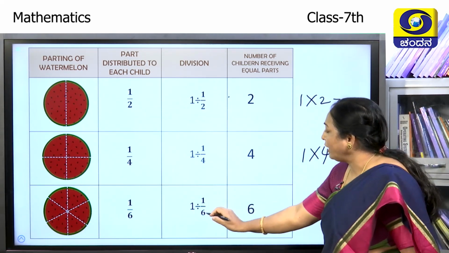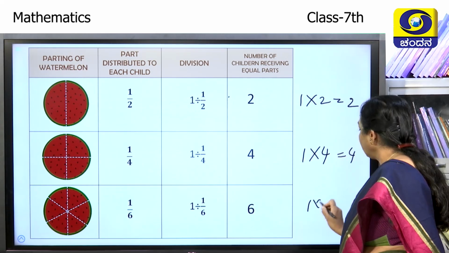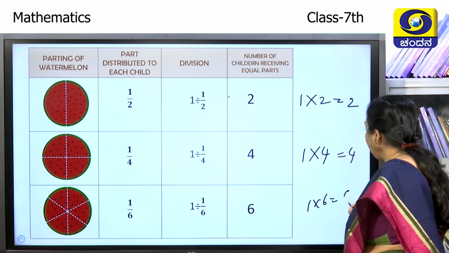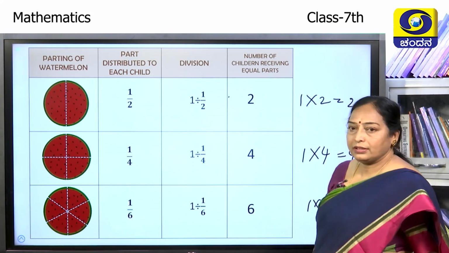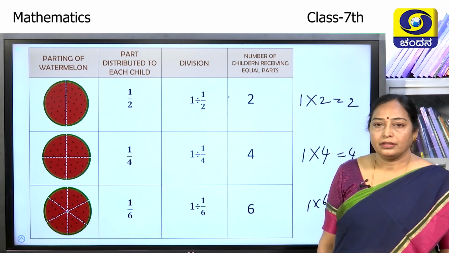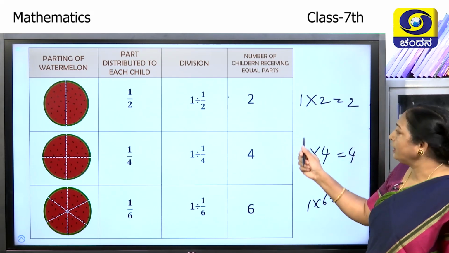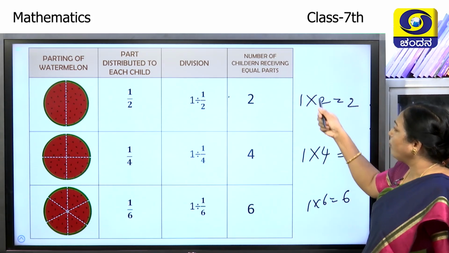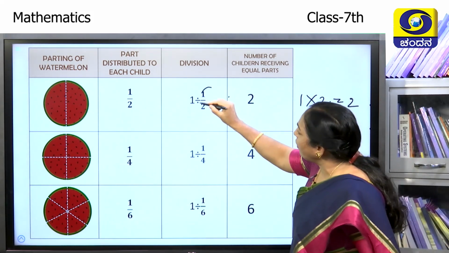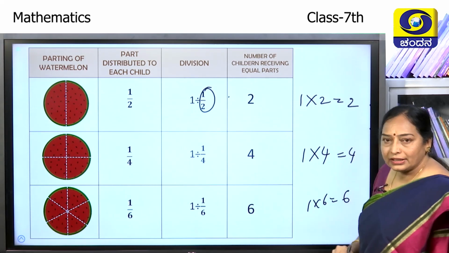Similarly, 1 and 6, we get 6. Here, we multiplied the whole by the reciprocal of the fraction.